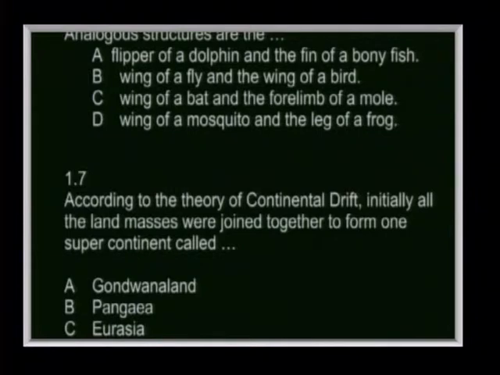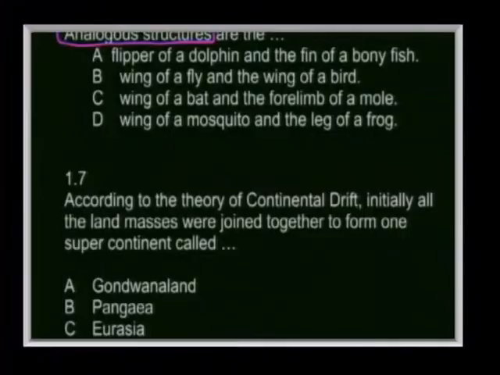The question asks, analogous structures are, in other words, looking at the four options here, A, B, C, or D, which one of them would be analogous structures? So let's go back to our definitions. Analogous structures will have the same function, but they don't have a common ancestor.